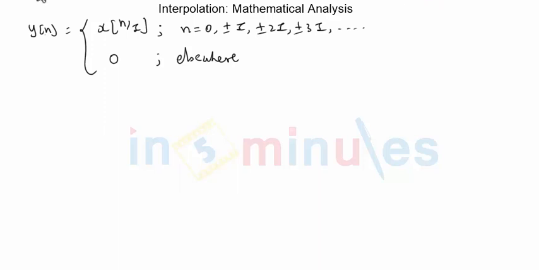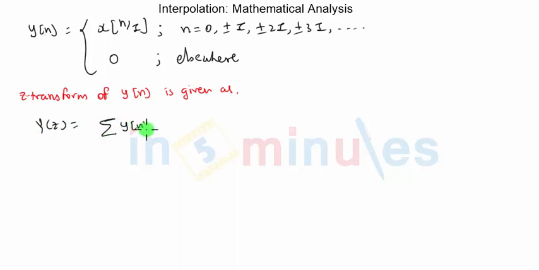Let's now continue this general analysis. If I take the z transform on both sides, then y of z will be equal to summation y of n into z raised to minus n, which is the definition of the z transform. N will vary from minus infinity to plus infinity.